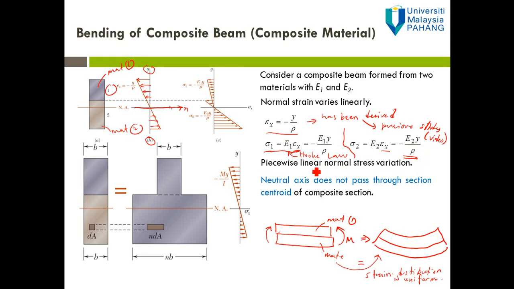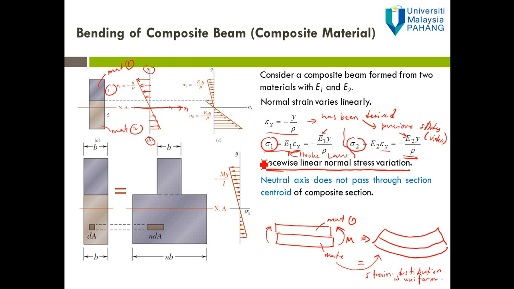Because the values of E1 and E2 are different for the two materials, we will have a piecewise linear normal stress distribution. The stress 1 and stress 2 vary linearly, but with different slopes. The slope is represented by E1 and E2.